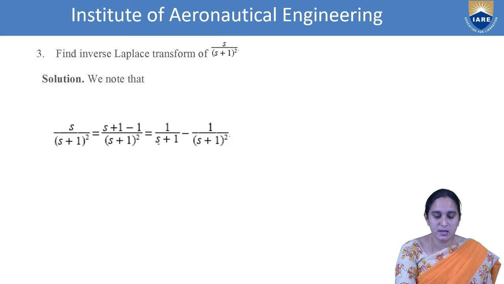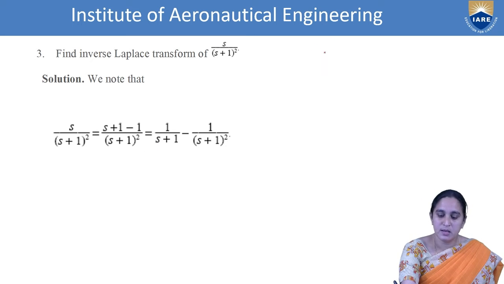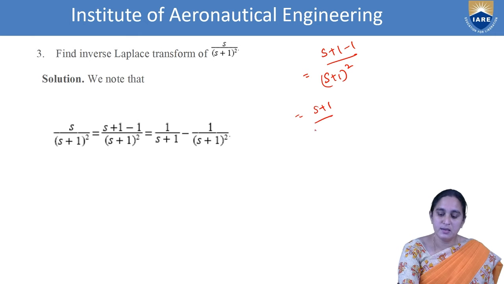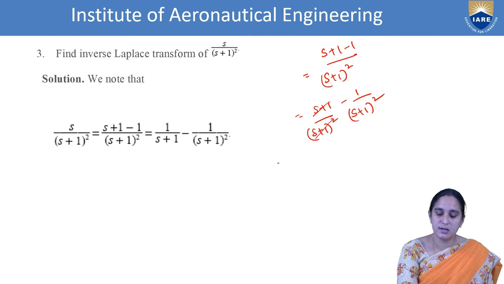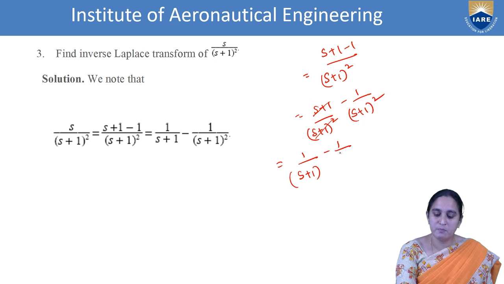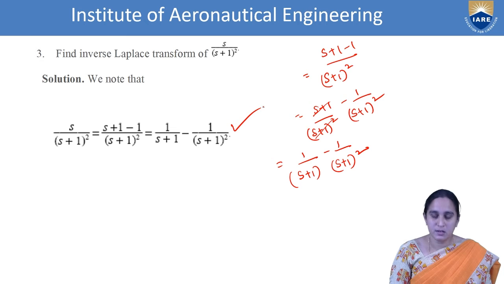Now I'm taking the next step: (s plus 1) by (s plus 1) whole square minus 1 by (s plus 1) whole square. Once you observe, one (s plus 1) cancels, giving 1 by (s plus 1) minus 1 by (s plus 1) whole square. That is this. Okay, next.